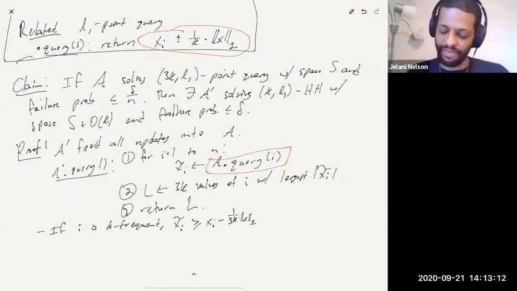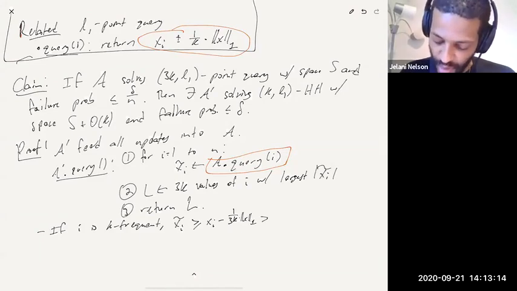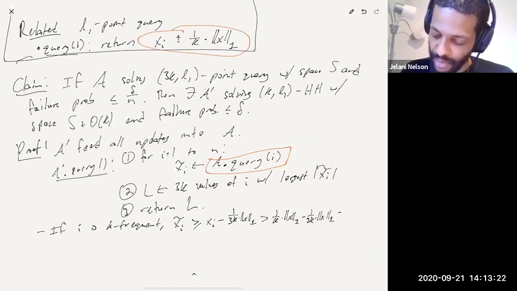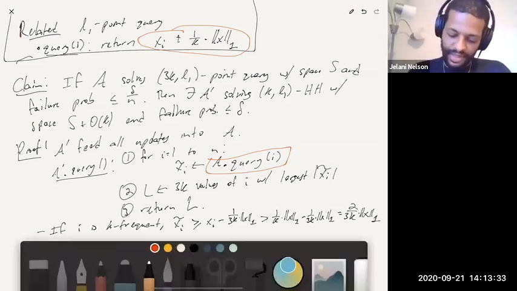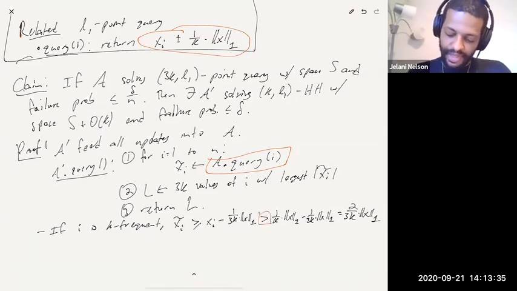That's what it means to be K frequent. So this is bigger than 1 over k times the L1 norm minus 1 over 3k times the L1 norm, which is equal to 2 over 3k times the L1 norm. So the key thing to note is that if it's K frequent, xi tilde is strictly bigger than something.